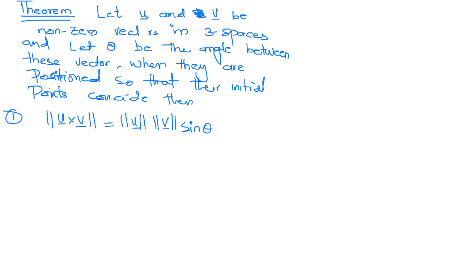What is the meaning of this statement? You take the first vector, this one, and the second vector, this one. This is the u vector and this is the v vector, and their initial points are the same. This is the initial point.